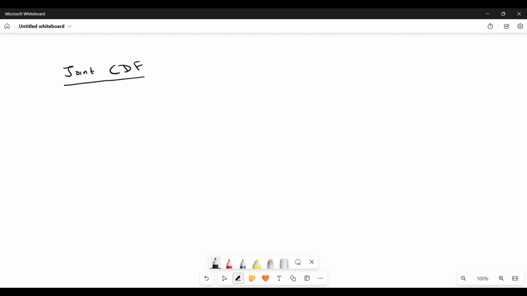Here we are considering the joint behavior of two random variables. We know the probability behavior of each of these random variables, right?